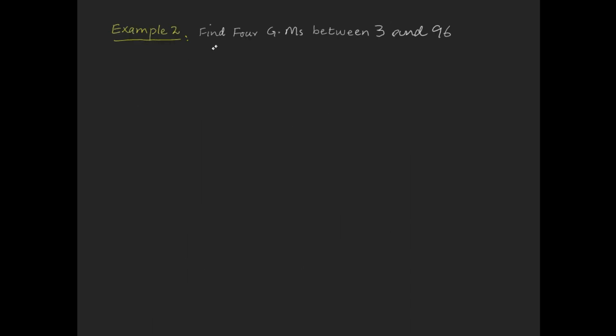Our next example is: find four geometric means between 3 and 96. So 3 is A and 96 is B and n is 4. R can be found by this formula.